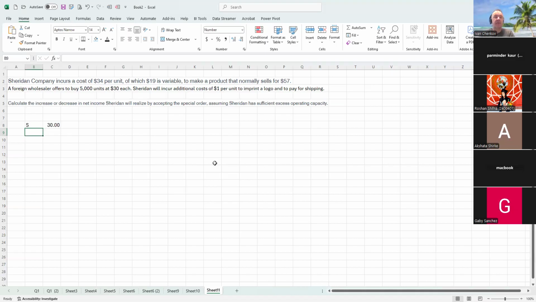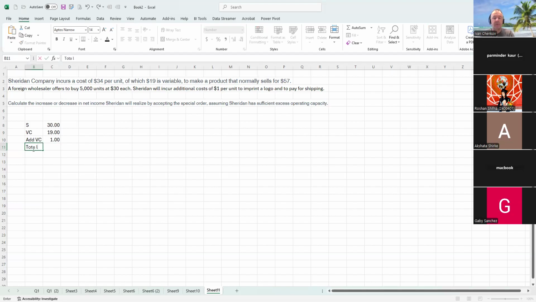$30. Right. What's my variable cost? On the normal, $19. Additional variable cost, $1 per unit. How much is my total variable cost now? $20.